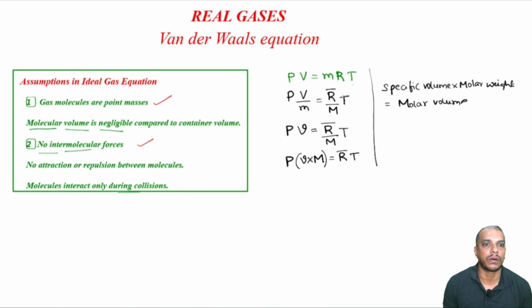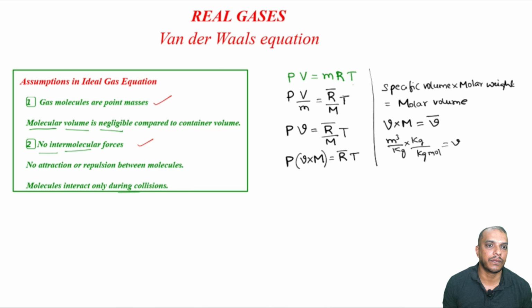This we have already talked about. So the molar volume V bar, or we can write it as V into M is the molar volume V bar. Now v was meter cube per kg, and molecular weight was kg per kg mole.